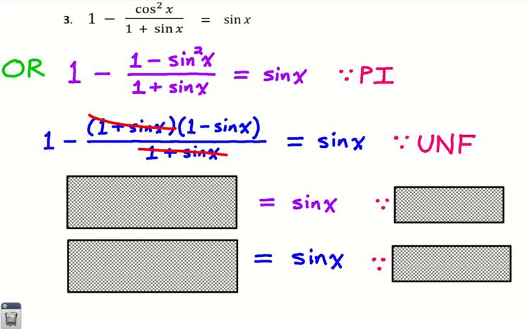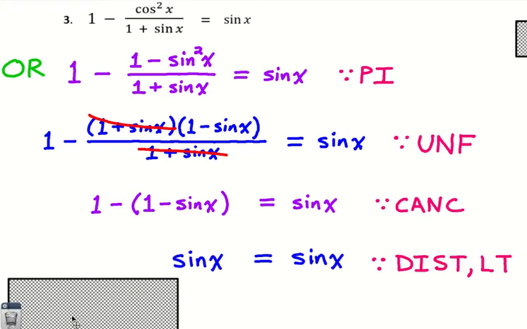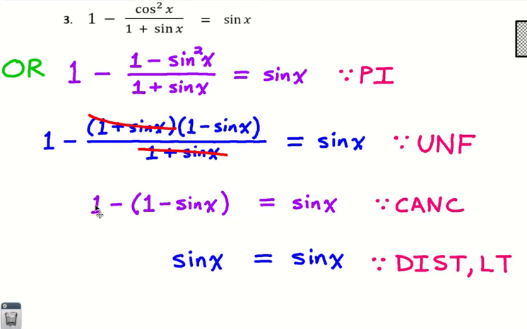And so we're going to have some canceling to get us here. Oh, don't forget that it's 1 minus that quantity, which means technically this negative distributes, so it'd be 1 minus 1 plus sine of x, and so we distribute the negative and we combine like terms of 1 minus 1, and we're done.